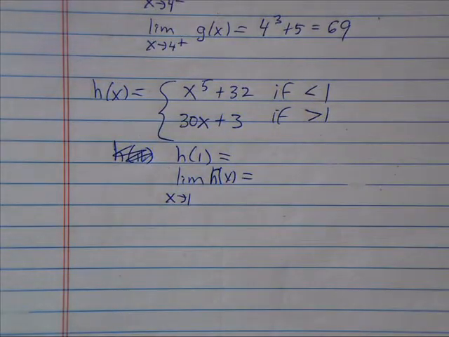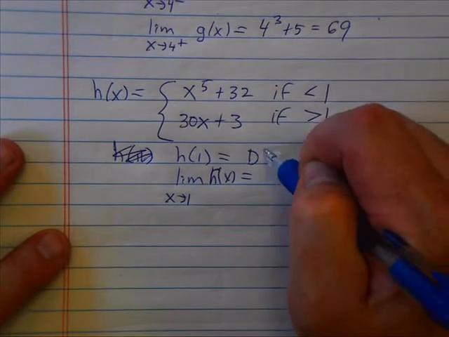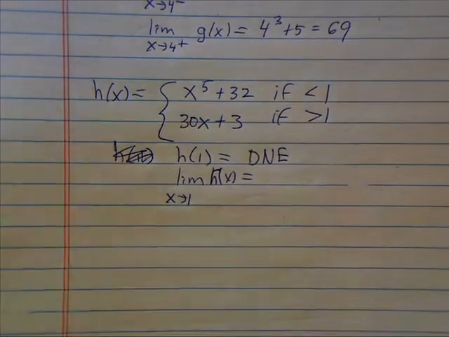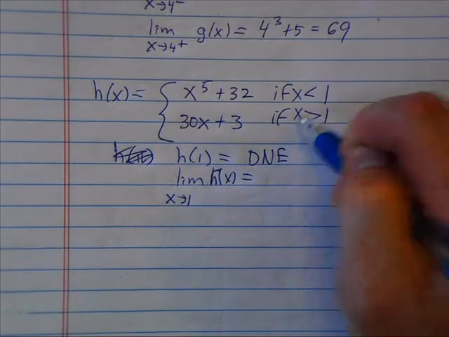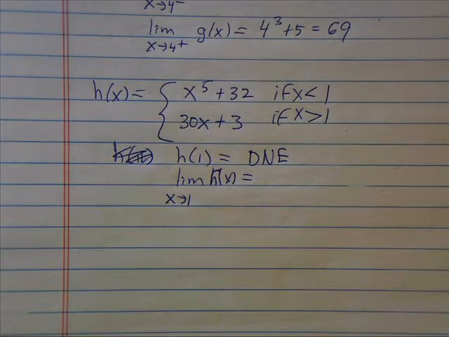So the first one, the answer is does not exist. Why not? Because neither of them has been equal to 1. So the answer for that one would be, I cannot plug the number 1 in. That does not exist. As x goes to 1, 33? Why 33?